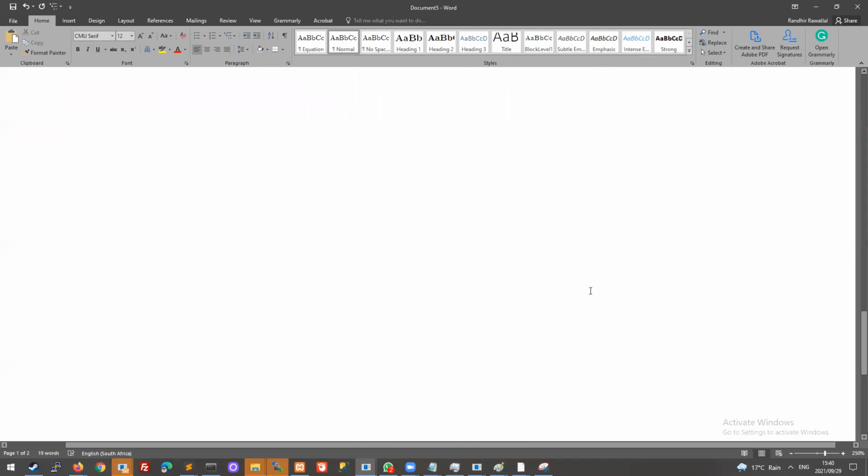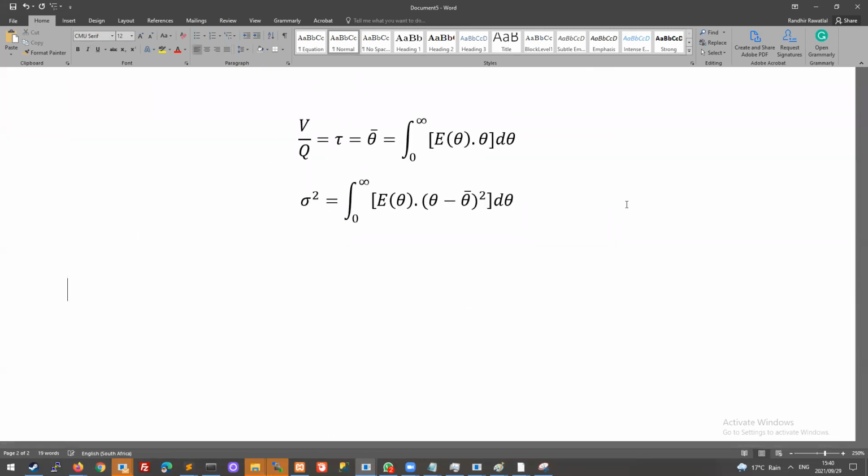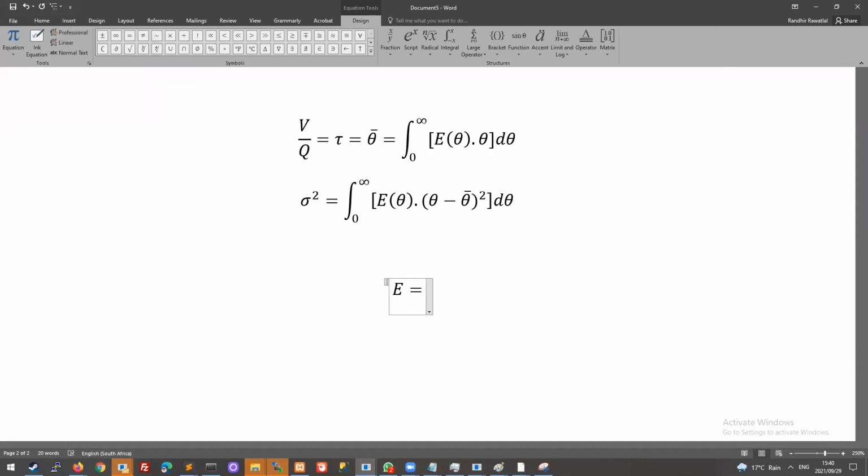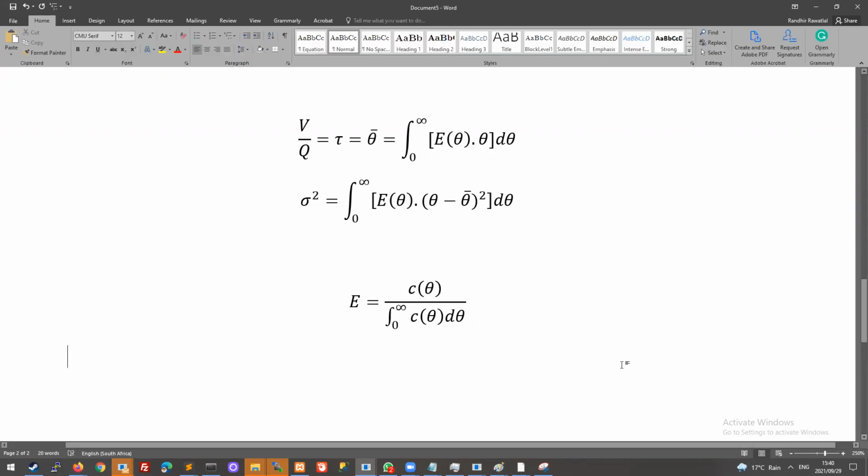Looks like we didn't write it here, but let's just write out E. So E equals C over the integral of C. Right, so that's E of theta.